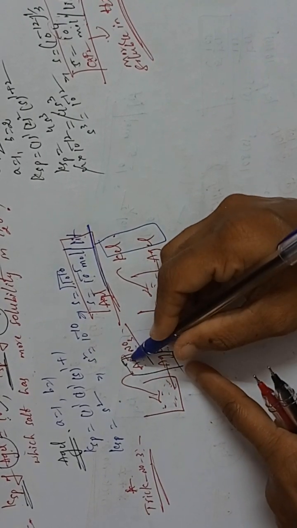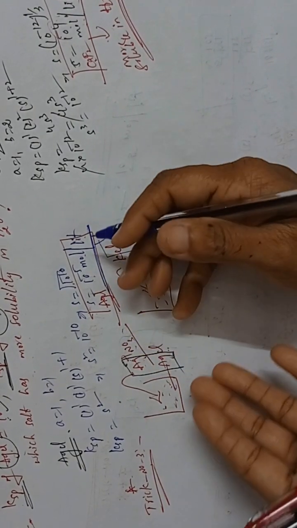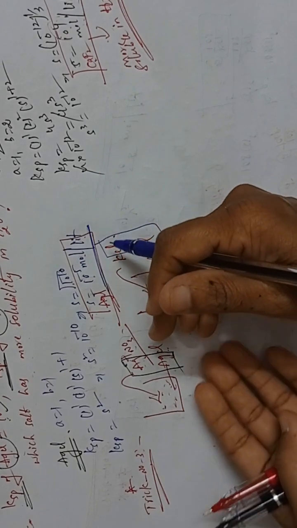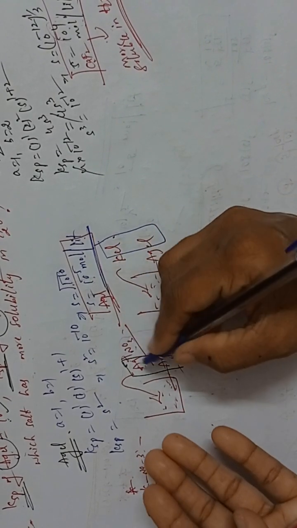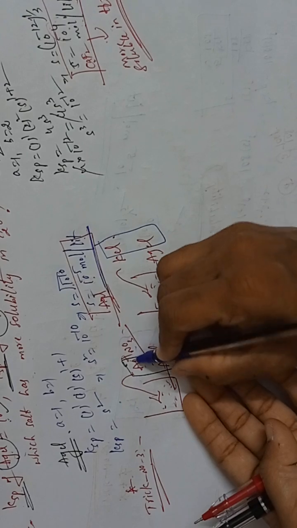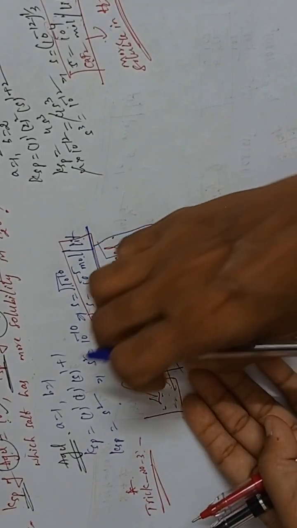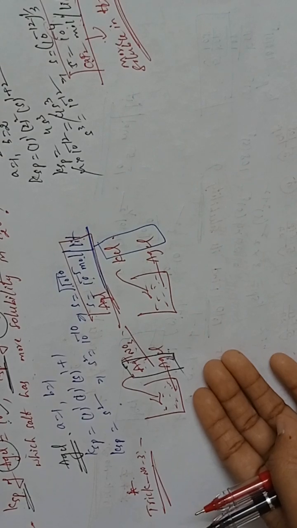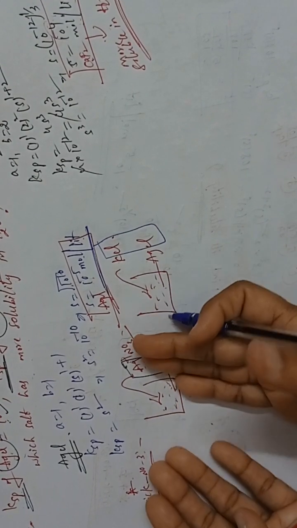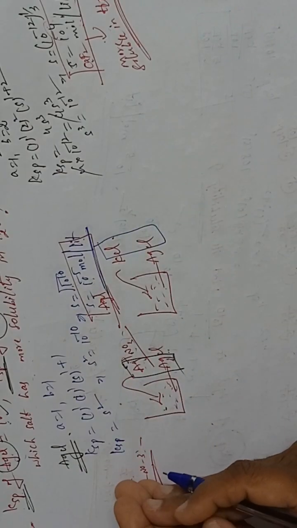Ag plus ion concentration increases, correct or not? According to Le Chatelier's principle, the equilibrium shifts in the backward direction. That means the Ag plus ions react with the chloride and produce undissociated silver chloride.